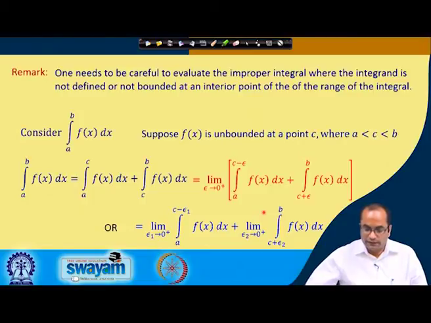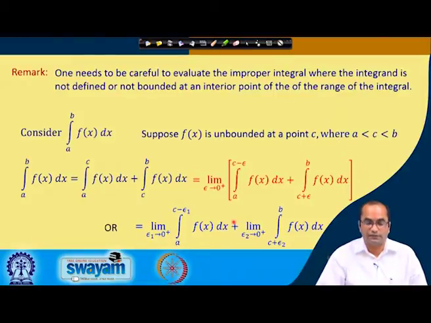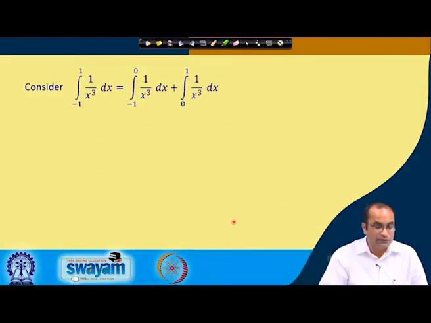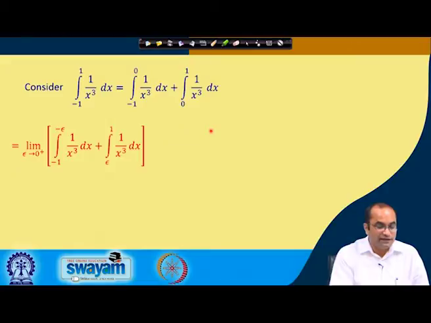But in other cases we have a problem, because this might be a divergent integral, and this might be a divergent integral, and in that case the value will differ. So, for instance, we consider the simple problem of the integral from -1 to 1 of 1 over x cube dx, which equals the integral from -1 to 0 of 1 over x cube dx plus the integral from 0 to 1 of 1 over x cube dx.